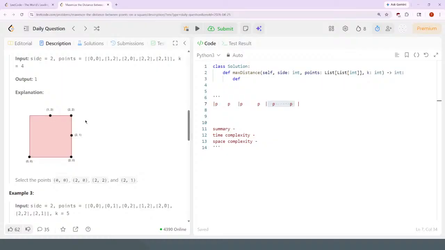What is the pattern? So from one side to the opposite side, the point is going to be the side length distance.